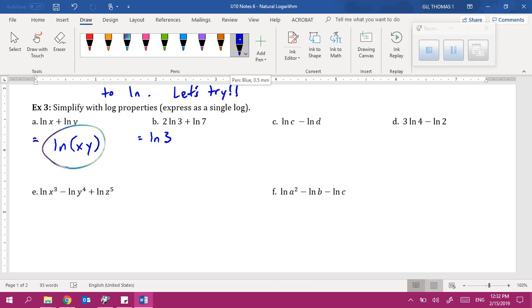Trey said it: it's 3 squared. Remember, this is the power property. The 2 in the front can be moved into the exponent, and vice versa, the exponent can be moved to the front. We're trying to make it into one log, so we're going to move it back into the exponent. All right, so plus ln of 7.